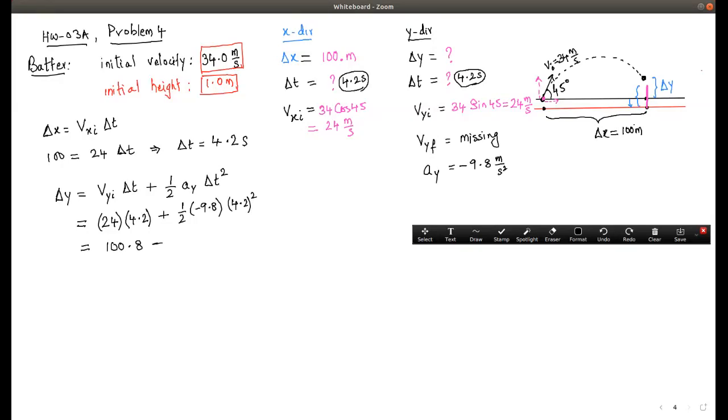So it's 86.4 meters, and that's equal to about 14.36 meters.